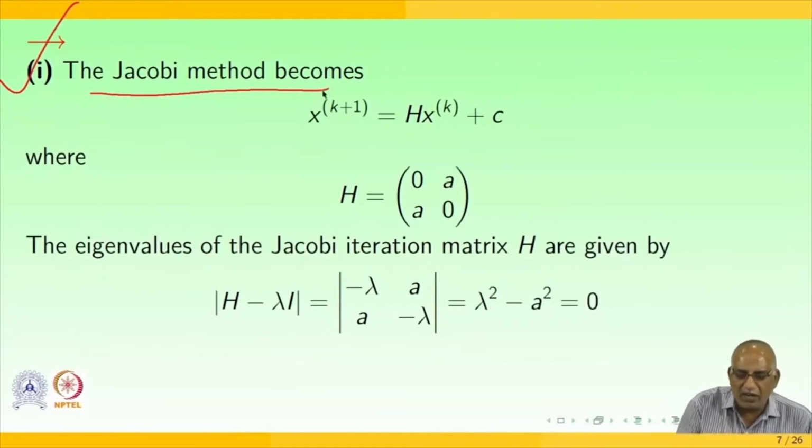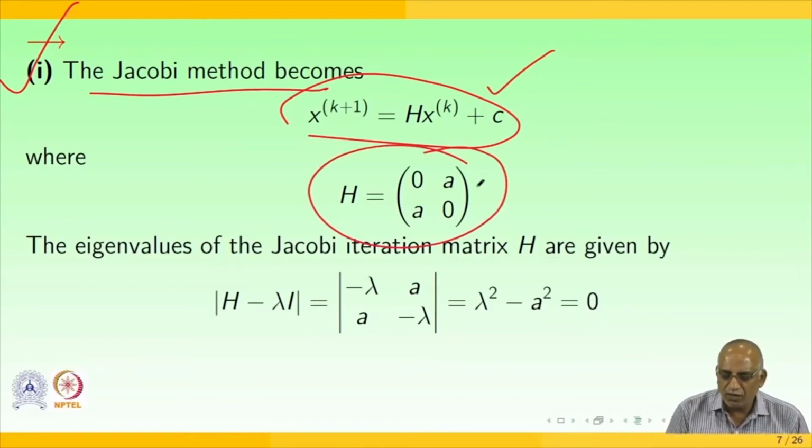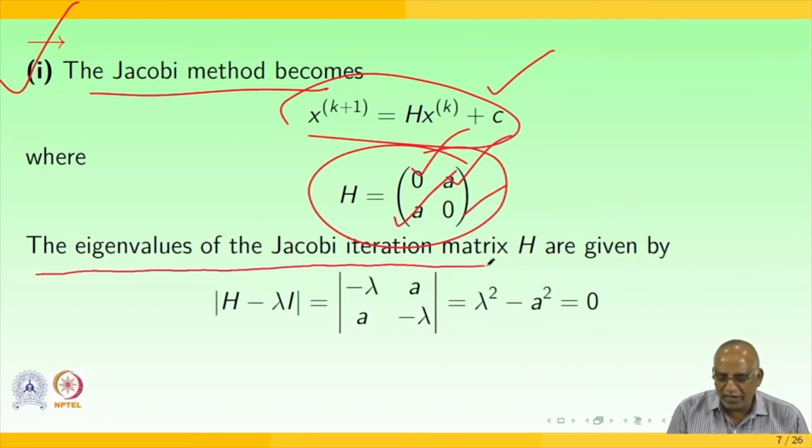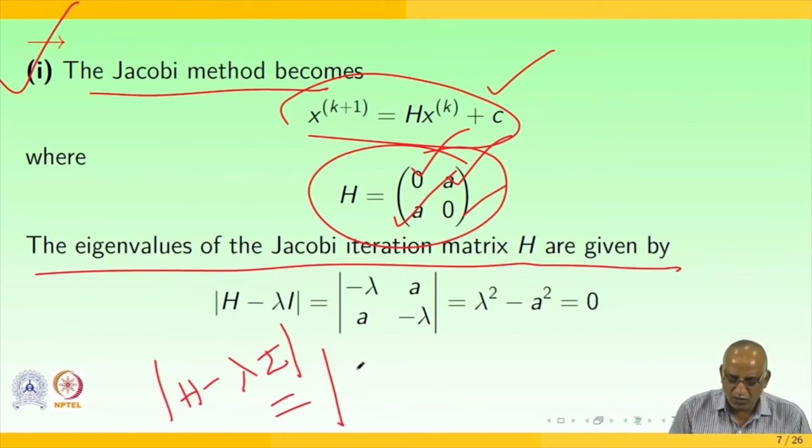The Jacobi method becomes x of k plus 1 is equal to H times x of k plus c, where H is equal to [0, a; a, 0]. The eigenvalues of the Jacobi iteration matrix H are given by the determinant of H minus lambda I, which is minus lambda, a; a, minus lambda.